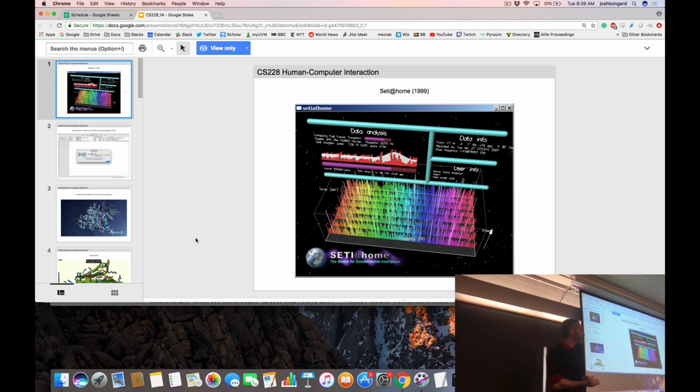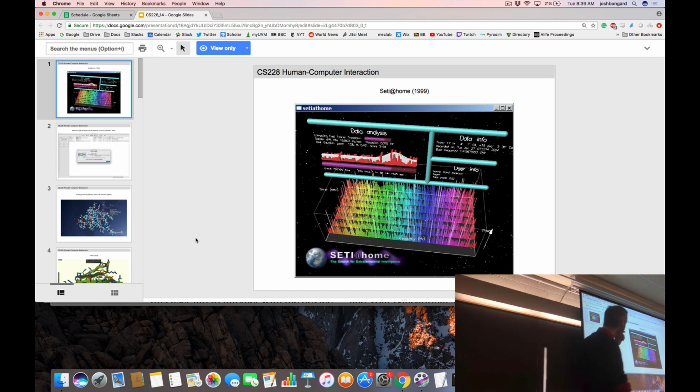Back in 1999, there wasn't a lot of computation out there. The search for life or intelligence beyond the Earth seemed to be something that was compelling to a lot of people. And the idea was you might be able to convince people to give up some of their spare CPU cycles to help look for intelligent signals hidden in radio data collected here on Earth.